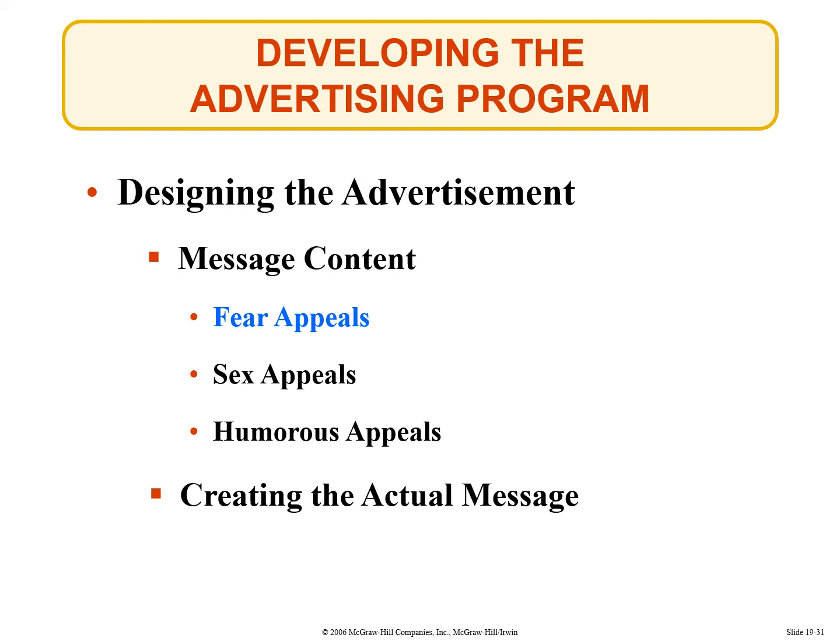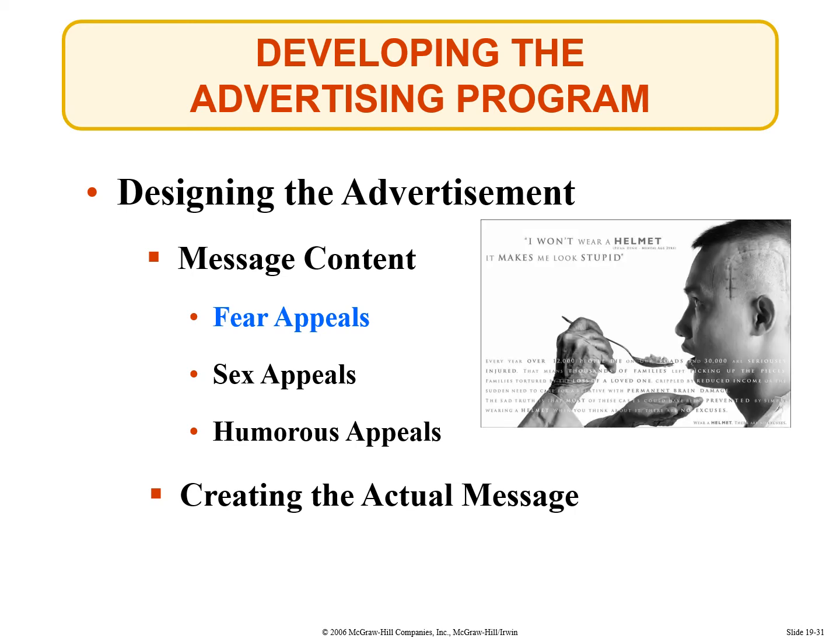These are not all the appeals, but a few appeals that are used in advertising. The first one is fear appeal, where you try to create fear in consumers' minds and then try to sell your product. For example, you see the picture there, it says, "I won't wear a helmet, it makes me look stupid," this guy had said.